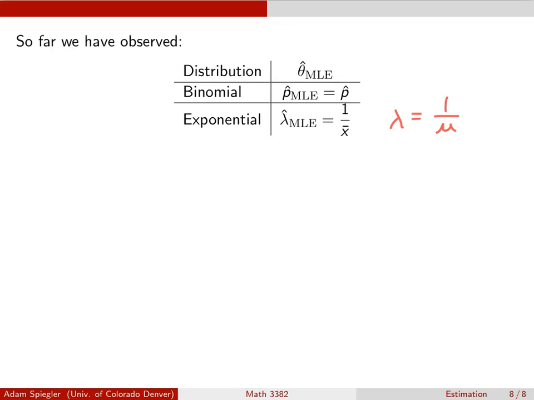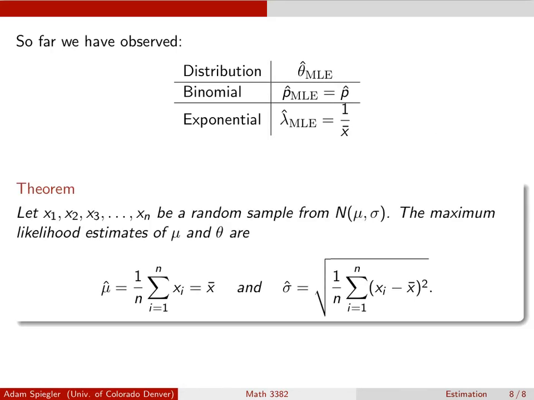And so one last theorem that I'm not going to go through here because the book does a very good job of proving this. So I would definitely encourage you to take a look at theorem 6.1.3 from the textbook. And they go through the maximum likelihood estimates for the mean and standard deviation for a normal distribution.